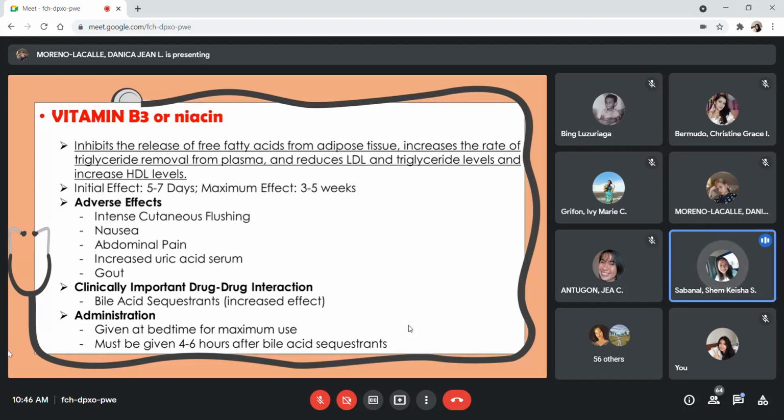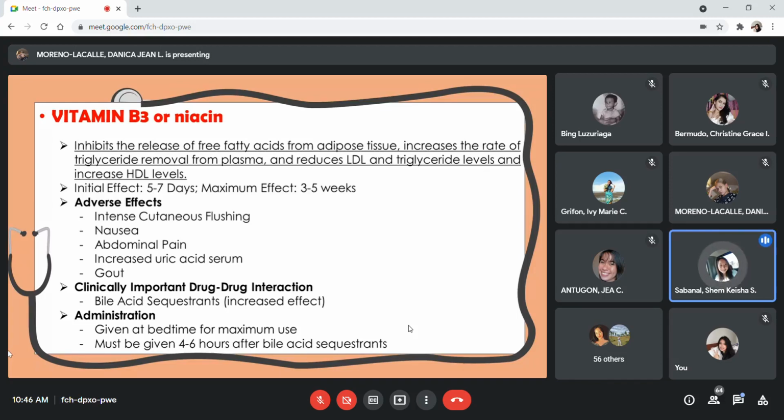It inhibits the release of free fatty acids from our adipose tissues, thus increasing the rate of triglyceride removal from plasma, reducing LDL and triglyceride levels, and increasing HDL levels. So take note, vitamin B3 is the most effective agent if we want to increase our HDLs. Here we have its initial effect and its maximum effect. Its maximum effect is at 3 to 5 weeks.